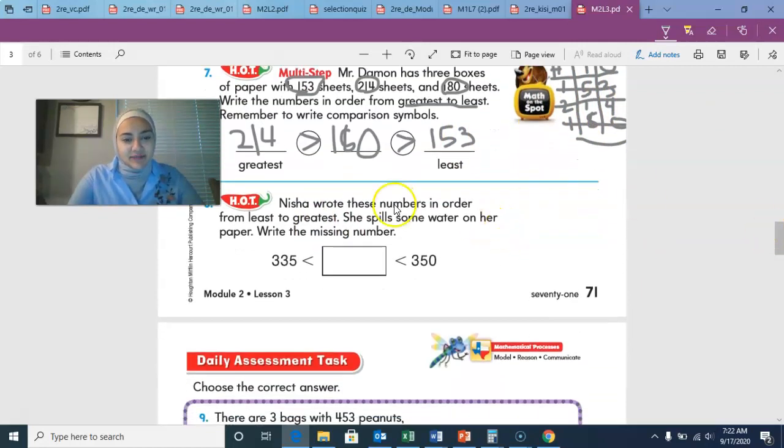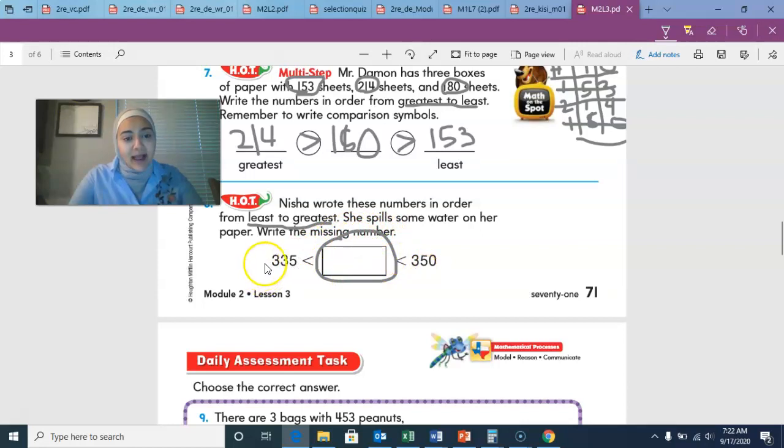Nisha wrote these numbers in order from what? What is she doing now? They're flipping it again. From least to greatest. She spilled some water on her paper. Write the missing number. So we're going to figure out what number goes here. She's writing them from least to greatest.